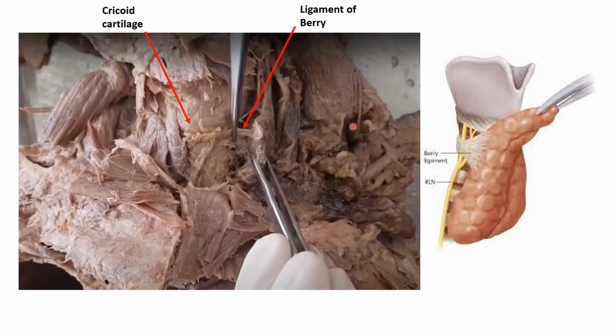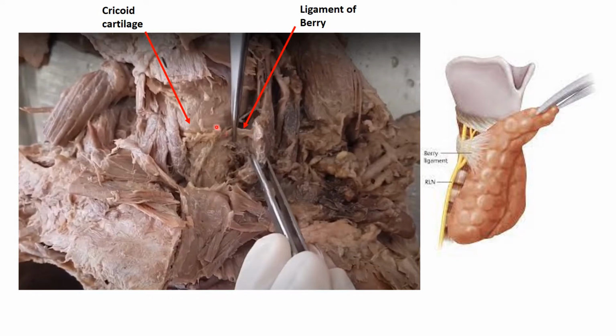Now from the medial surface of the gland, we have a structure which is a thickened false capsule of the gland. The false capsule of the thyroid gland is derived from the pretracheal fascia, and at the medial surface it is thickened, you can see over here, and forms a ligament. This ligament is called the ligament of Berry, which connects the medial surface of the lateral lobe of the thyroid gland to the cricoid cartilage.